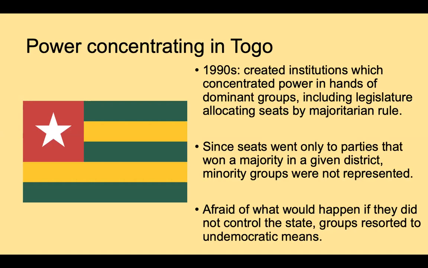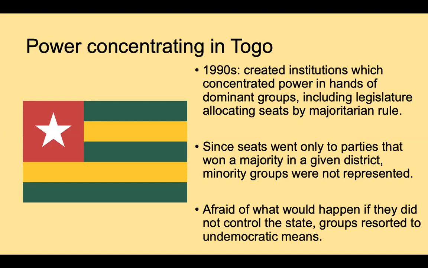As groups increasingly resorted to undemocratic means, it led to a situation where executive abuses and the concentration of power in the hands of the executive became a frequent practice in politics in response to the conflicts and the tensions between the groups who either found themselves on the inside or on the outside of these political institutions. And so whereas in Benin, we saw the sharing of power through institutions, in Togo, we saw the concentration of power in dominant groups through institutions.